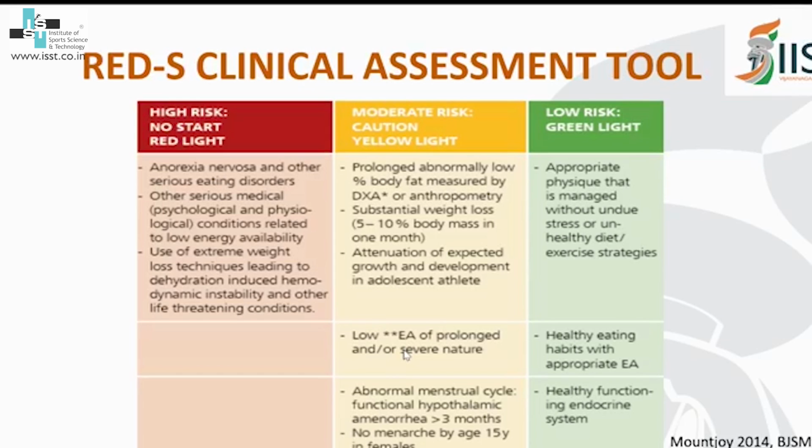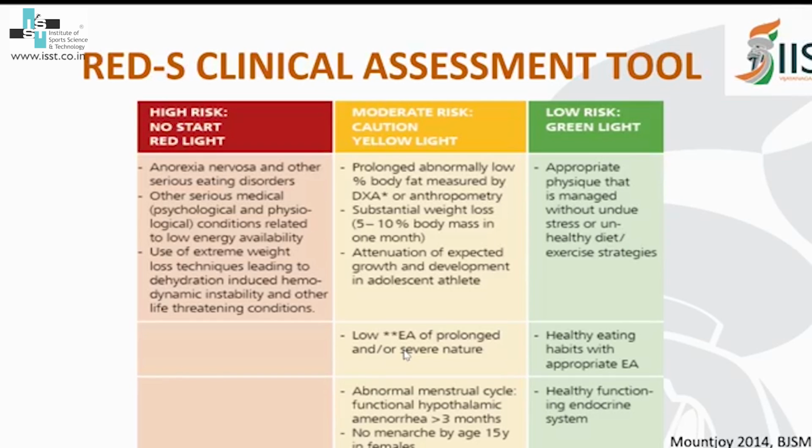If you look at the paper, it's a much more extensive list of symptoms or signs that you'll be identifying in an athlete, and classifying them accordingly. So if we have an athlete with an eating disorder, anorexia or bulimia, then of course the athlete is going to fall into a high risk category, and actions would be taken based on that.